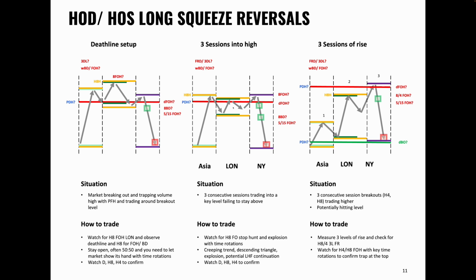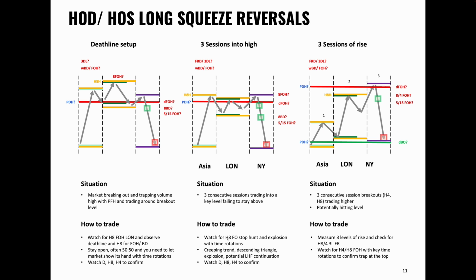Again, the same logic. You might get an 8-hour fake out high here even, maybe not, maybe it's only a 4-hour, maybe it's a daily fake out high that confirms here additionally. Then you can trade it from the inside, or you take the continuation as a low-hanging fruit once it loses the 8-hour breakdown level. How to trade that?